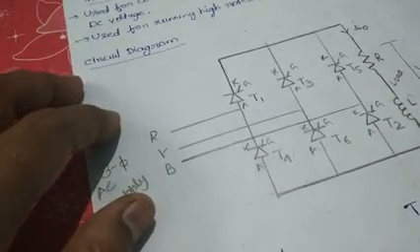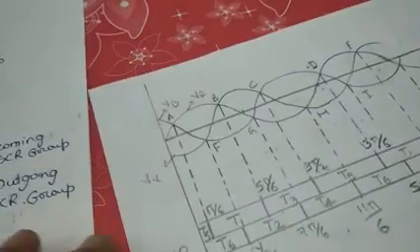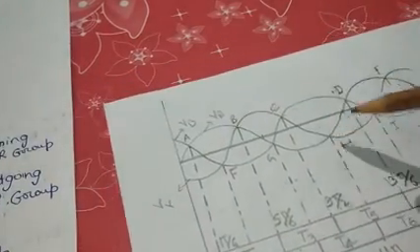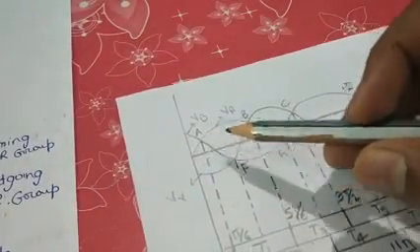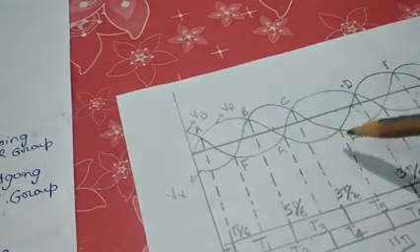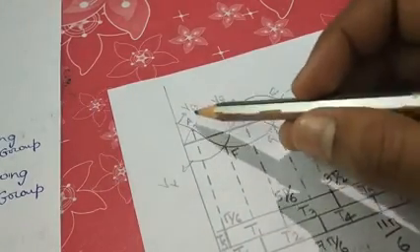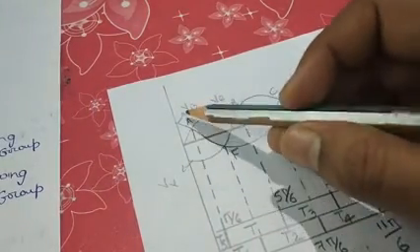Okay. Now I have drawn here the output voltage. Here we have drawn the three phase supply, R phase, Y phase and B phase.